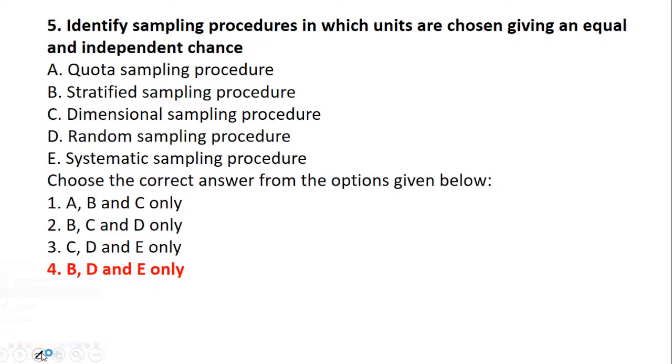Now see the question. I didn't give any hint, just to ensure that you are coming rightly with the answer. The question was: identify the sampling procedures in which units are chosen giving an equal and independent chance. It means that every unit has a probability of getting selected.